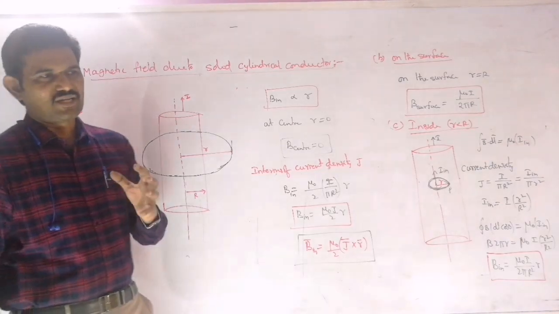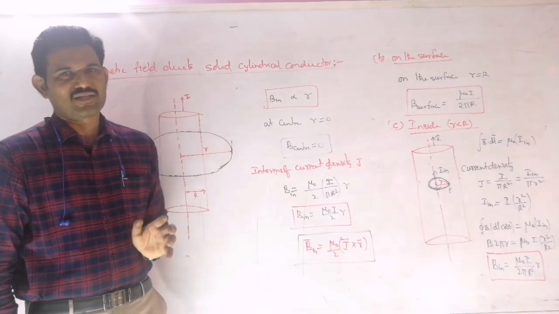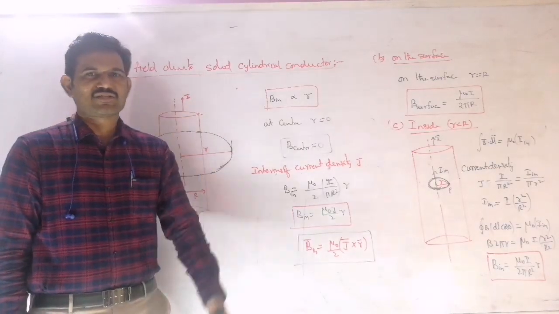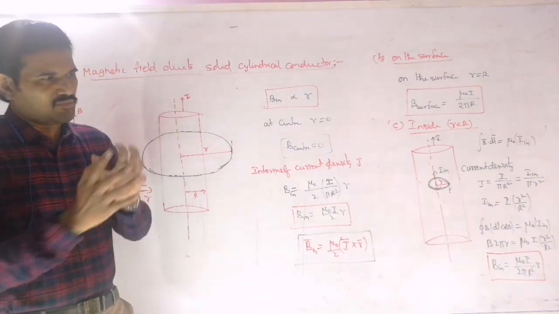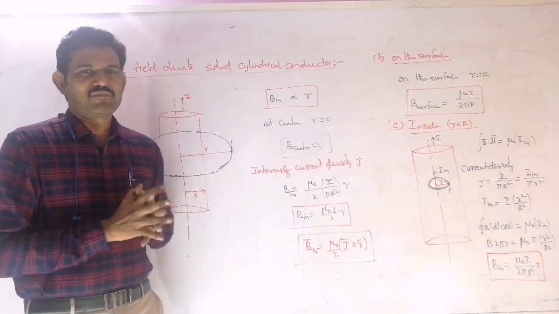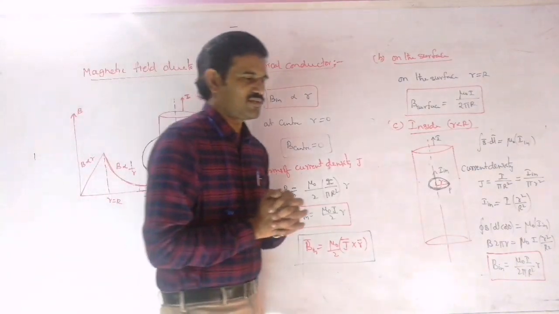So the shape appears similar but not exactly the same. Similarly, our previous hollow conductor is the same as a spherical shell. If you remember these comparisons, you can solve and remember them easily.